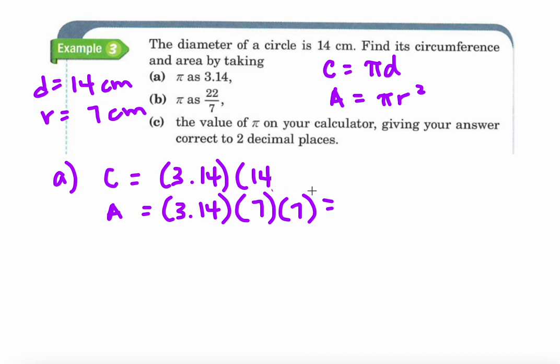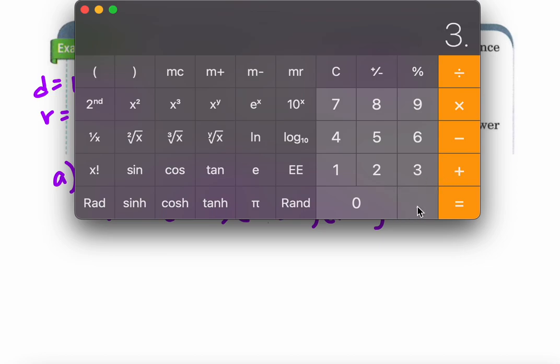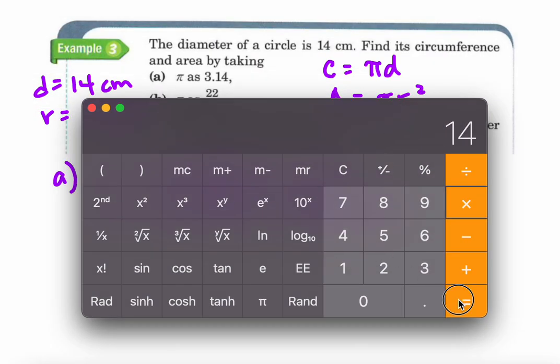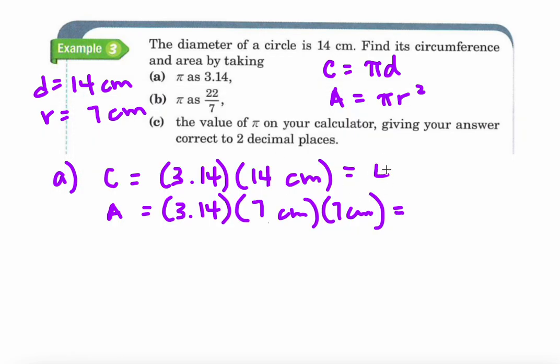Let me go ahead and put my centimeters in there because that's going to affect my units later. And you'll see why. Okay, so let me take out my calculator. 3.14 times 14 is 43.96 centimeters. And that's my answer.